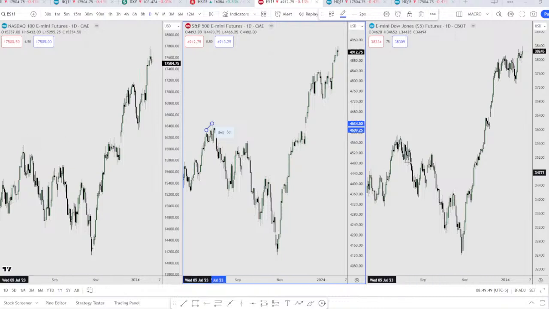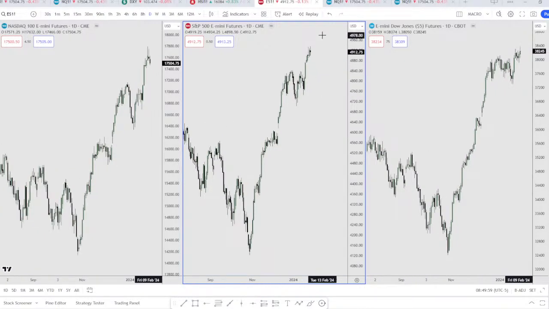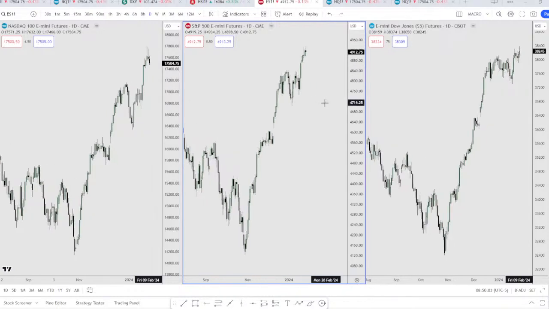Okay, lower highs, higher highs. So I'm waiting for something like a retracement and then one more time into that high, right, for SMTs to be more reliable.